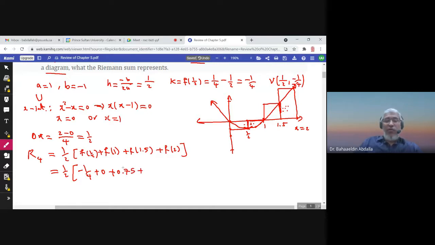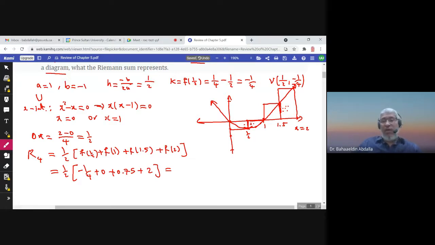And f of 2 is 4 minus 2, which is 2. So if we add, this would be 0.75, this would be 2.5. So 2.5 over 2, 1.25.